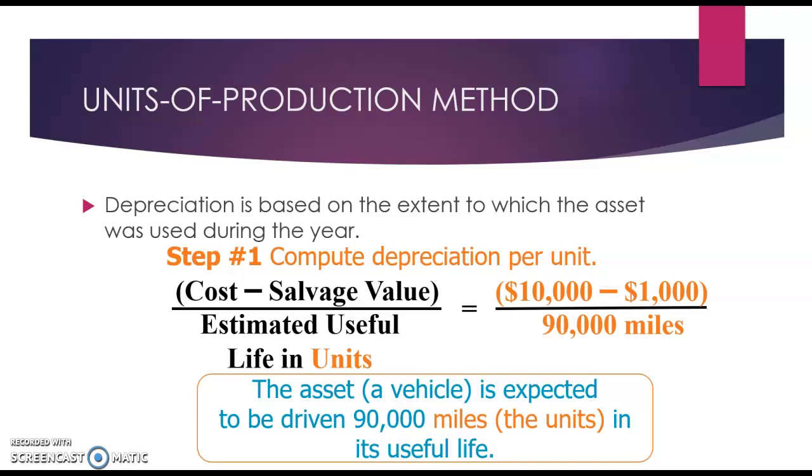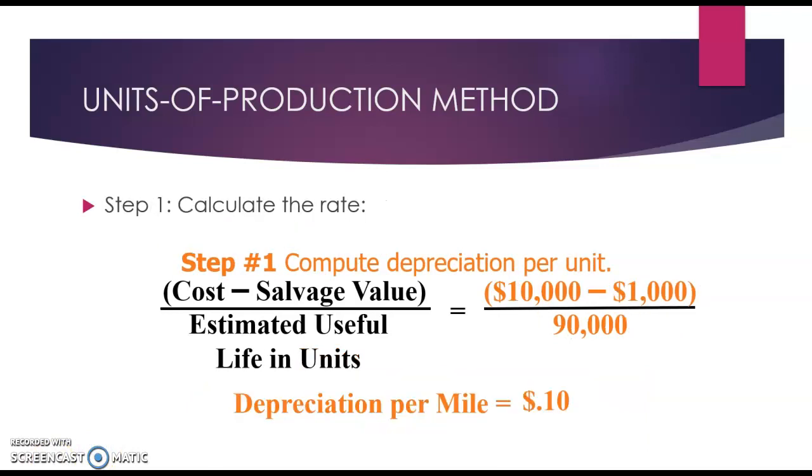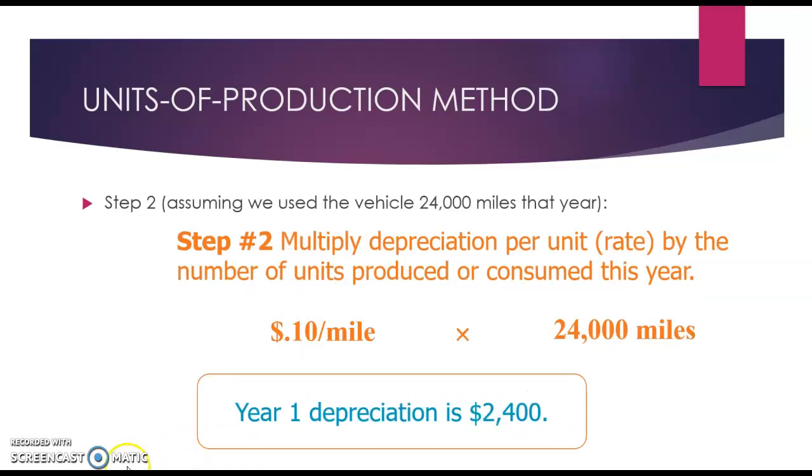And management came up with 90,000 miles. So now we're going to take the $10,000 minus the $1,000 and divide that by the 90,000 miles. And that gives us 10 cents per mile. That becomes our rate that we're going to use the whole rest of the time.